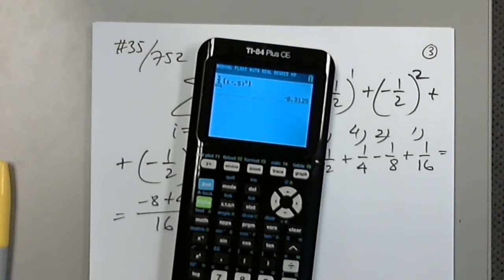Okay, yeah, right. That's not what I wanted. See how parentheses are so important? One time I didn't follow my heart and I messed it up. Okay, 4, and in parentheses again, negative 0.5 caret x.